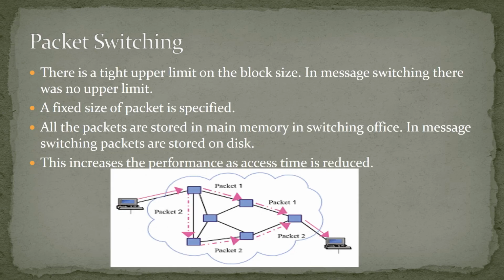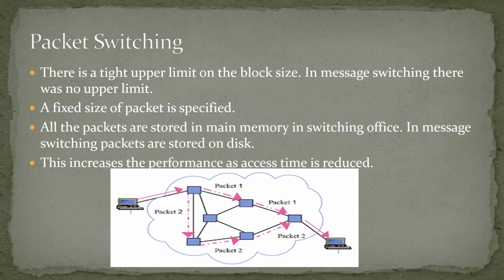Now packet switching. As we have studied, a packet is a small chunk of information, made by breaking up a large piece of information. According to the bandwidth of the medium of the network, the size of the packets may vary.